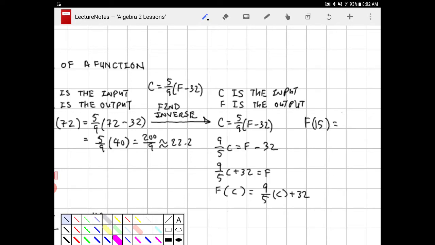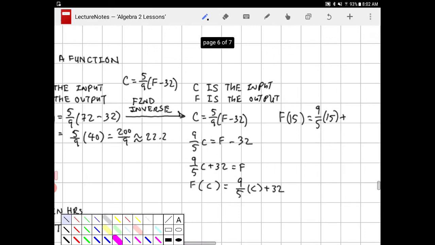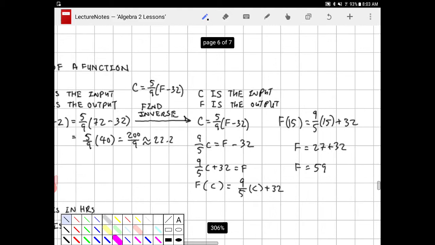Well, that would be 9/5 times 15 plus 32. The temperature reading outside in Fahrenheit is therefore going to be 27 plus 32, or 59 degrees. So a temperature reading of 15 degrees Celsius is 59 degrees Fahrenheit.